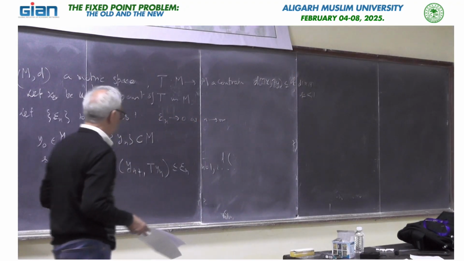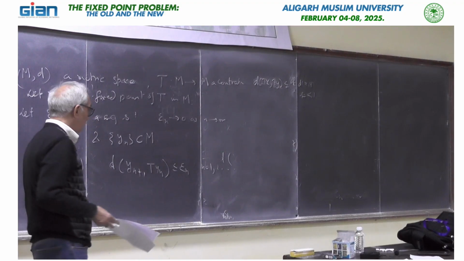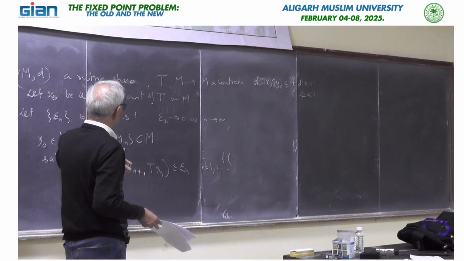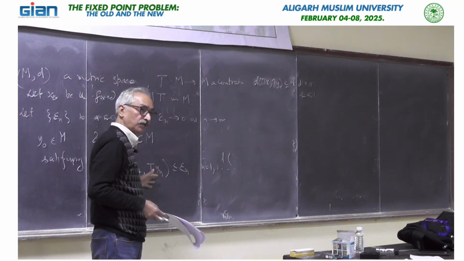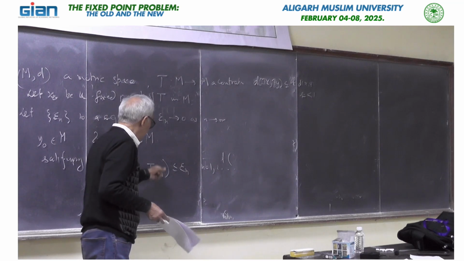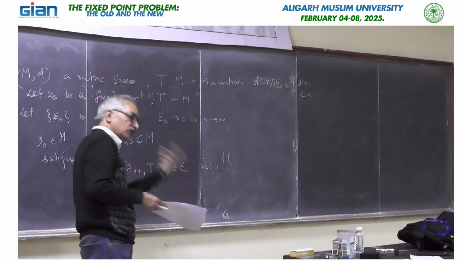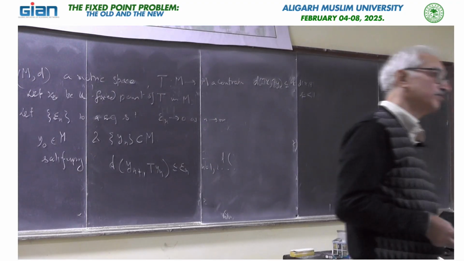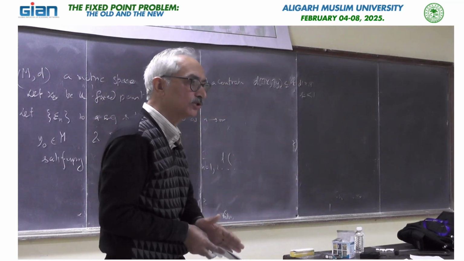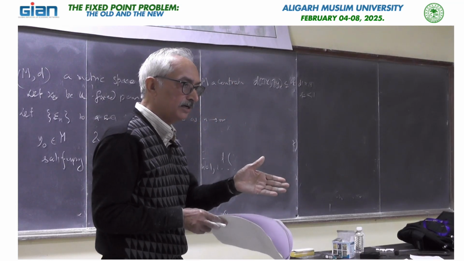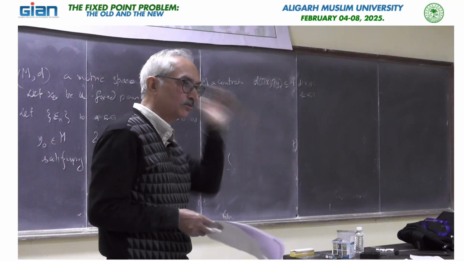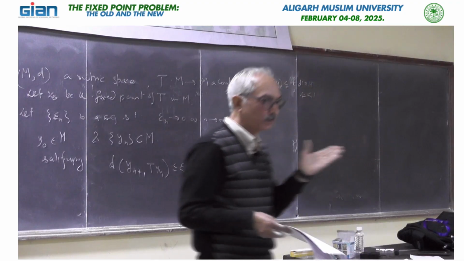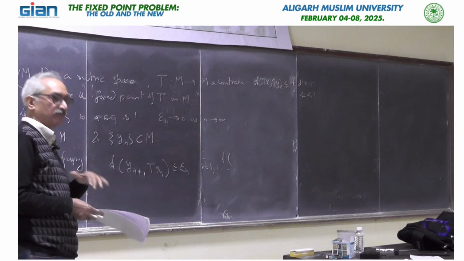It is an approximate sequence of the original sequence x_n. You started with y_0 and calculated y_1, but T of y_0 is not actually equal to y_1; y_1 is an approximation of T of y_0, and likewise all the others.